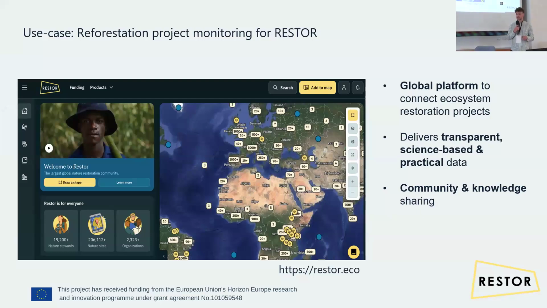And for tracking these reforestation efforts, we work together with our stakeholder, which is restore.eco. It's a global platform which connects all these restoration efforts, and it tries to deliver transparent, science-based, practical data to the practitioners on the ground.